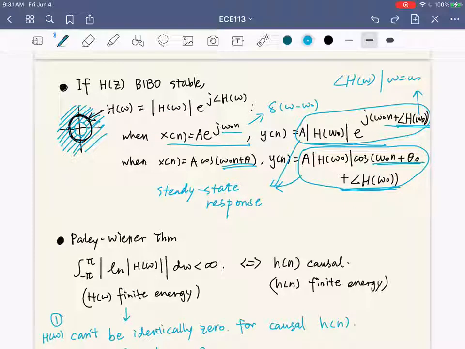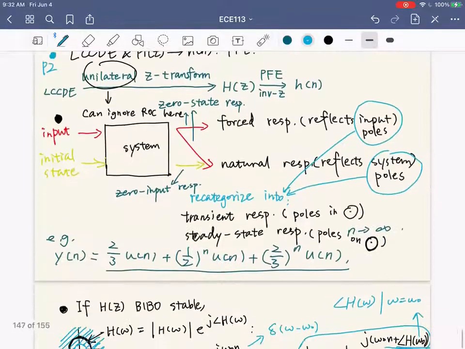But in reality, our input is usually causal. For example, if our x[n] is A e to the j omega 0 n times u[n], which means we just plug in the input after zero time.